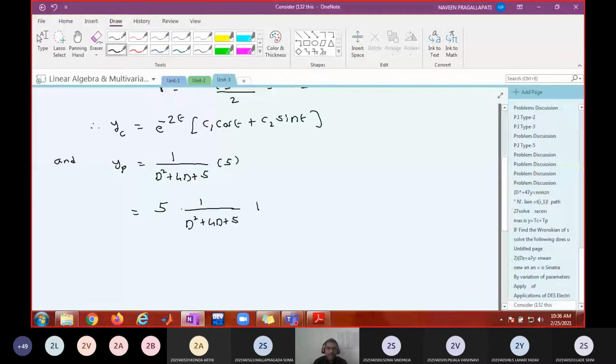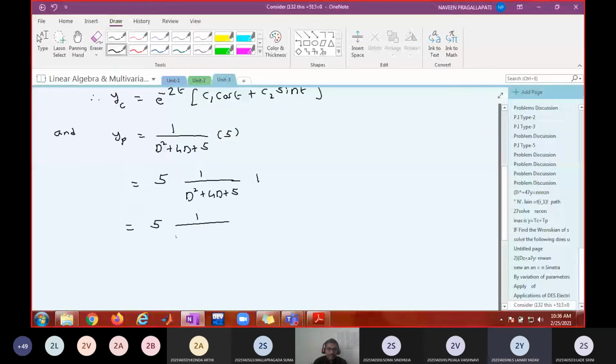So how to find the particular integral of this? Is it in any standard form? Write 1 as e power 0t. Do you agree? If it is like this, substitute 0 here. Is the denominator 0 or non-zero?